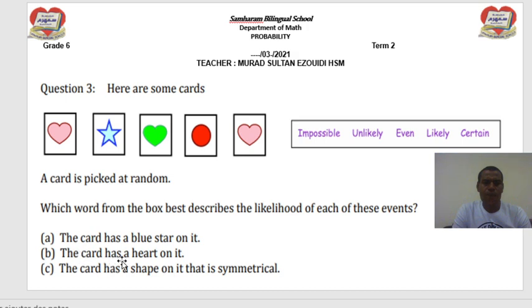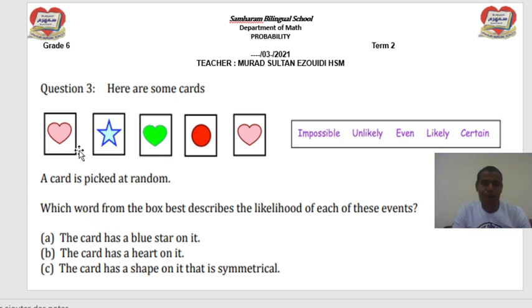Then, the card has a heart on it. Here the card has a heart with different colors. This one is a green heart, and this is a pink heart. So here the question is not dealing with the colors, but only the number of hearts.